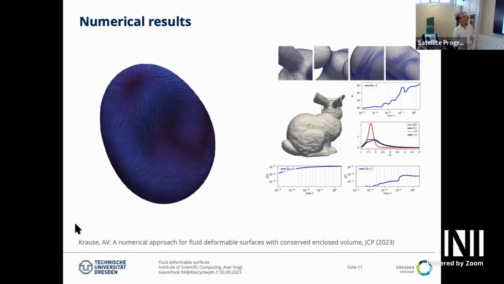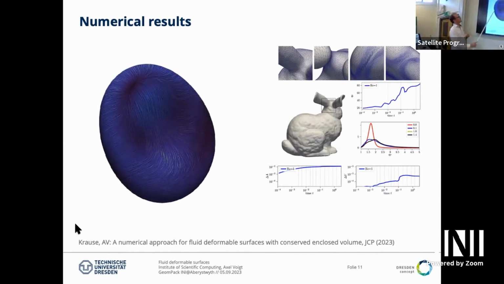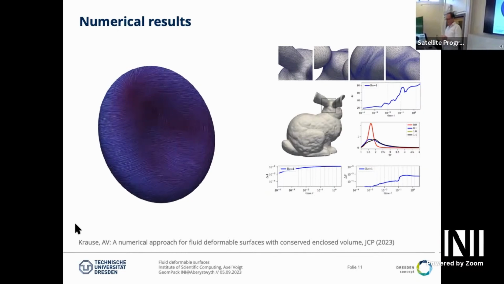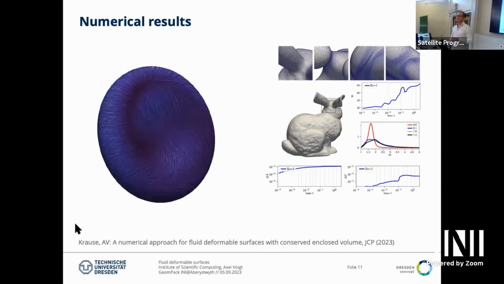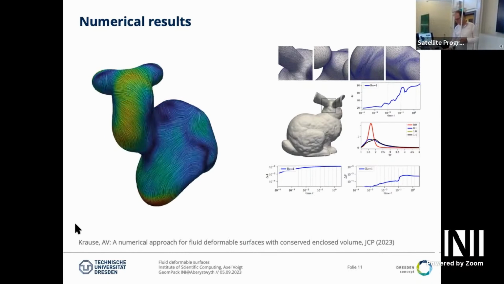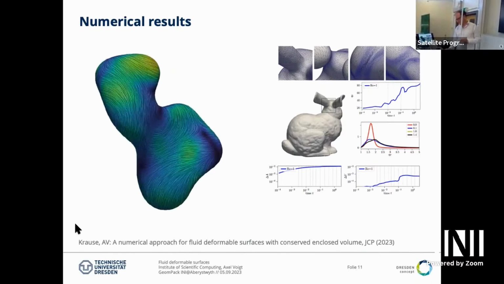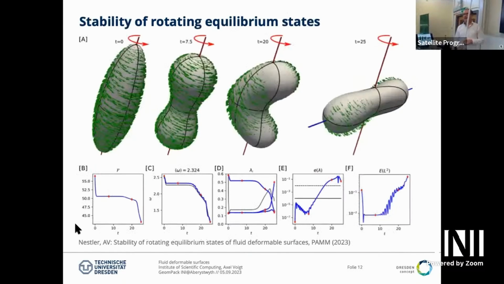And at the end, this also goes to such a biconcave shape with zero tangential velocity. Okay. It's nice, so we can look at it twice, I guess.